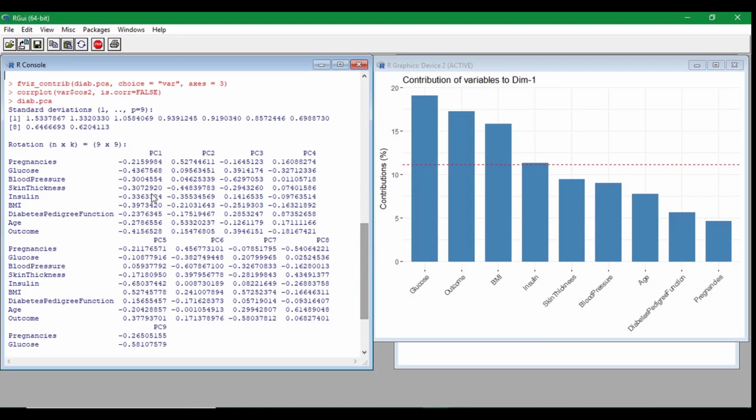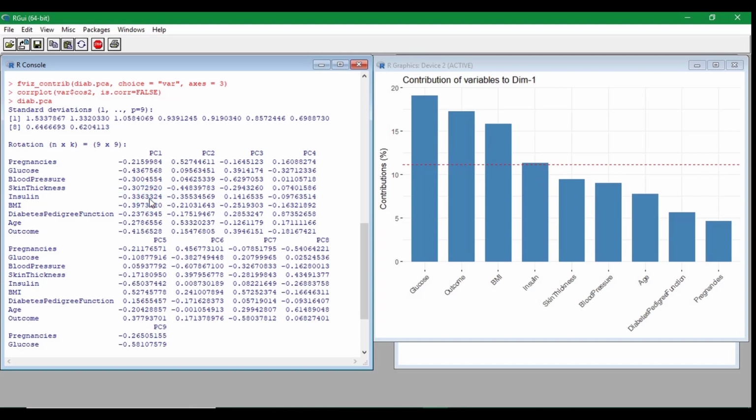Now, interpreting principal component 1 from these principal component values, we're going to look at the glucose value right here, which is minus 0.436. We're going to look at the outcome value, which is minus 0.4156, the body mass index value, which is 0.397, and the insulin value, which is minus 0.336.